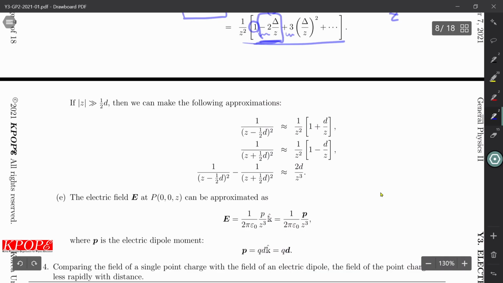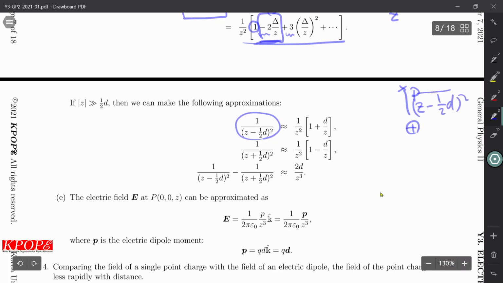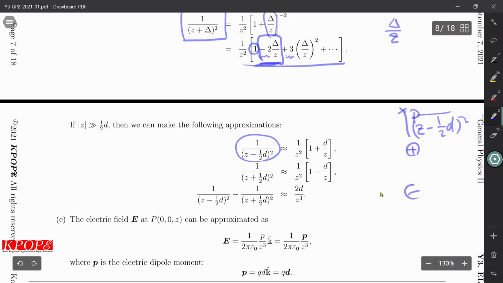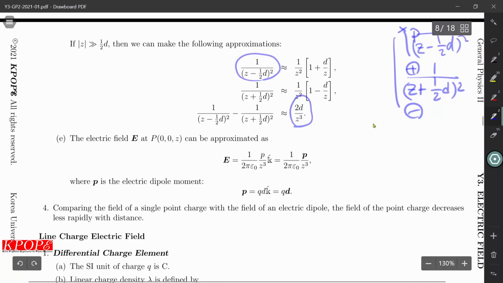So this is 1 over the distance squared between plus and point P, z minus 1/2 d squared. Okay, and negative charge, this distance, this is z plus 1/2 d squared, 1 over squared. So this difference is found to be 2d over z cubed.